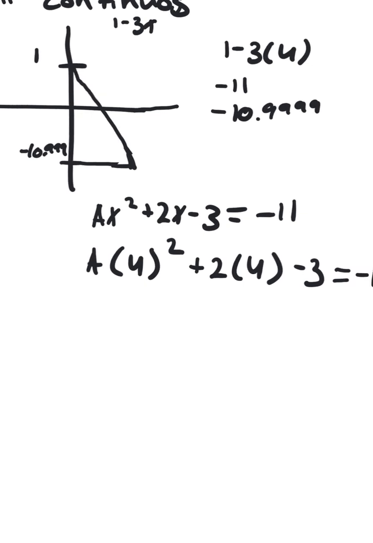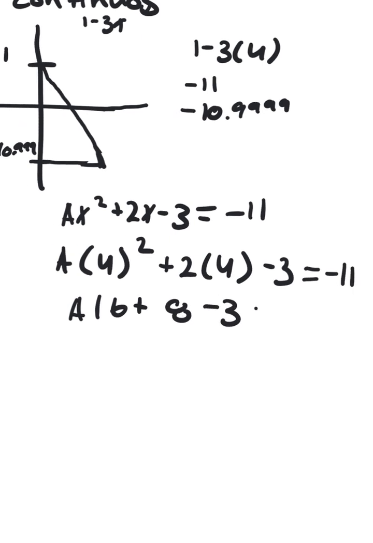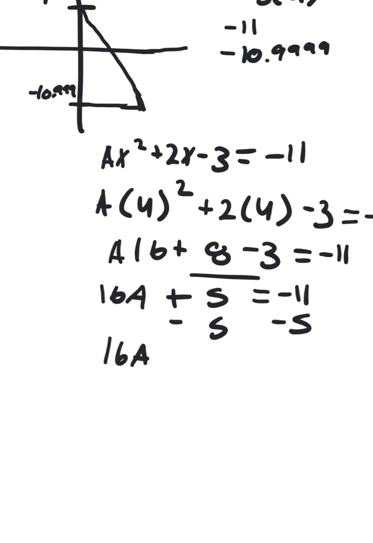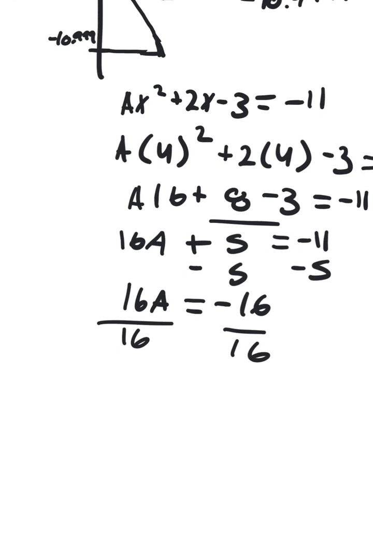Solve this. So 4 squared is 16 plus 8 minus 3. Combine like terms. 8 minus 3 is 5. So 16a plus 5 equals negative 11. Subtract from both sides. We're left with 16a equals negative 16. Divide on both sides. And we get a equals negative 1.